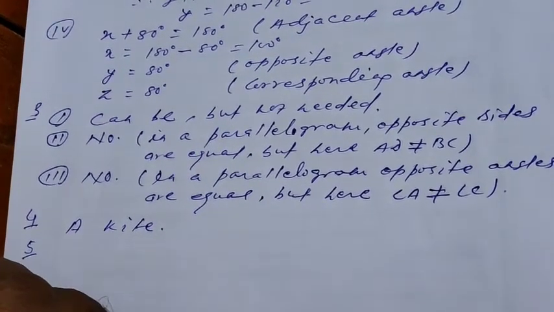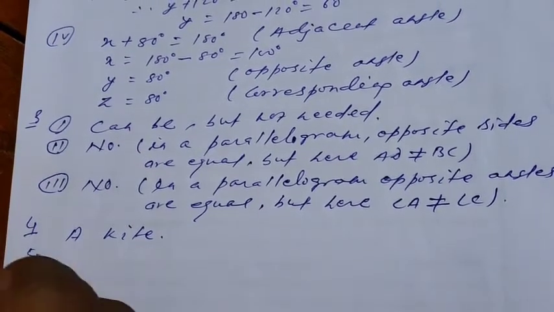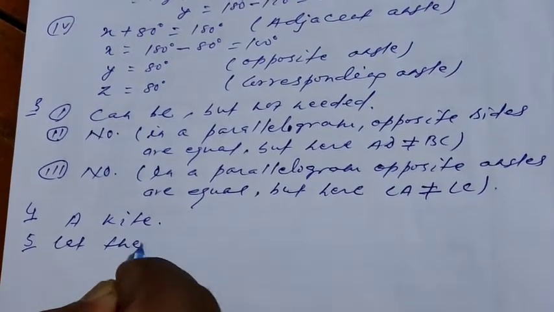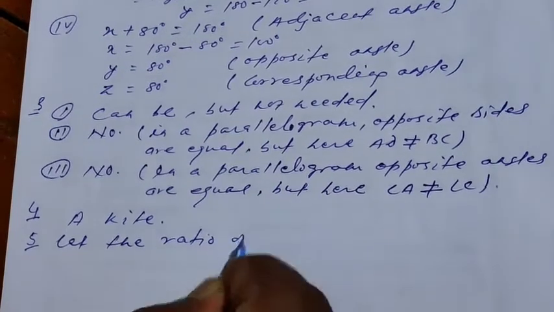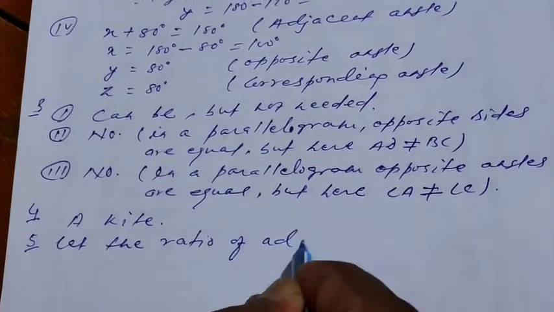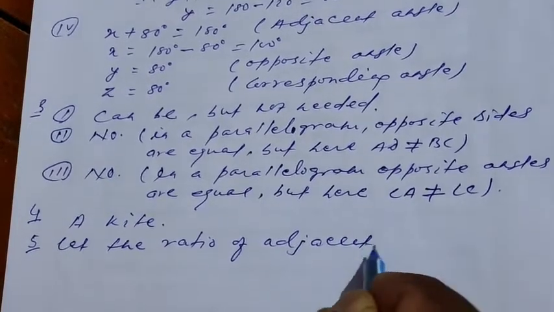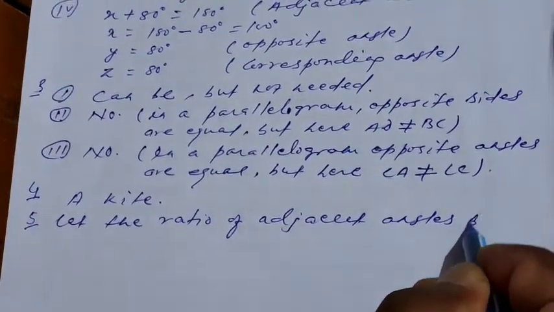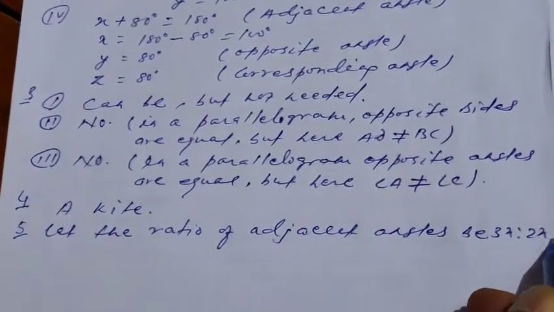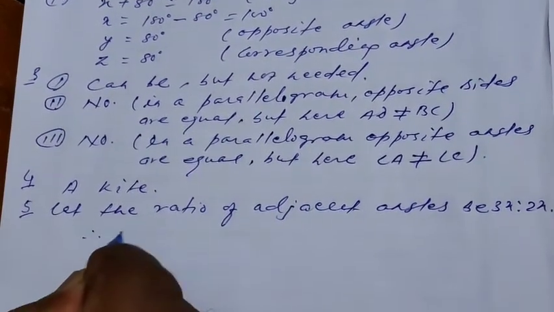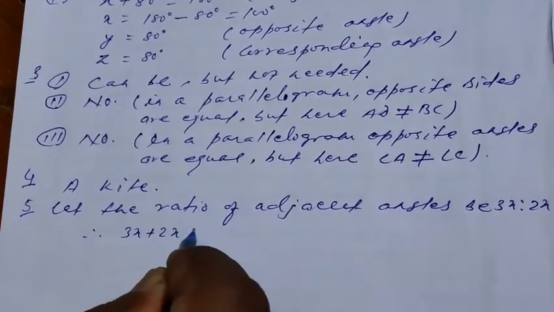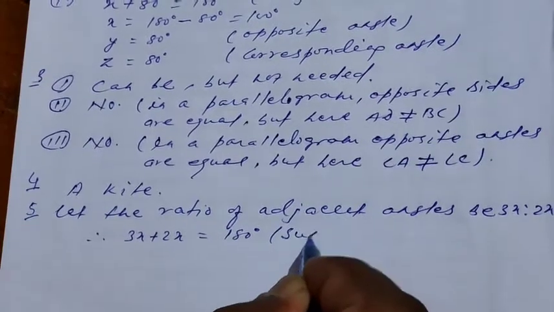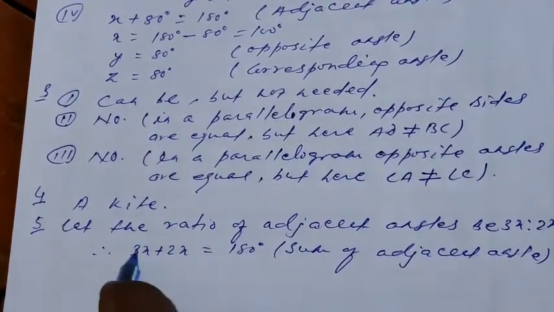You have to find the measure of each angle, and therefore let the ratio of adjacent angles be 3x to 2x, and therefore 3x plus 2x equal to 180 degree, since sum of adjacent angles.